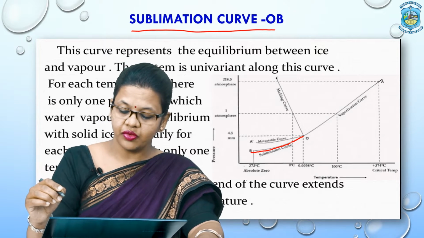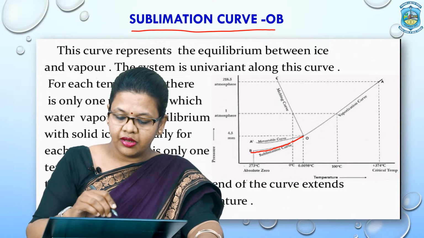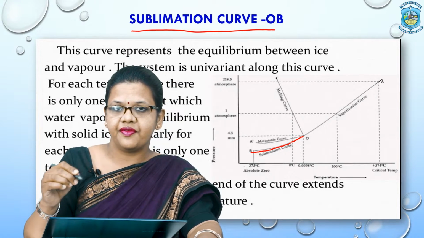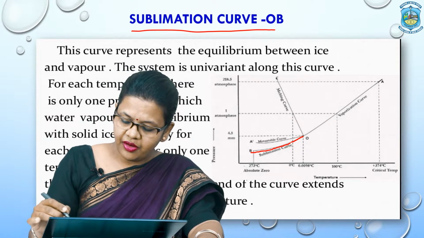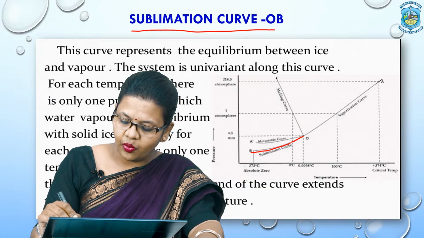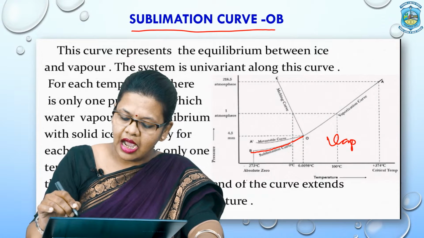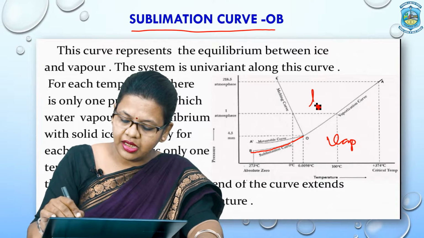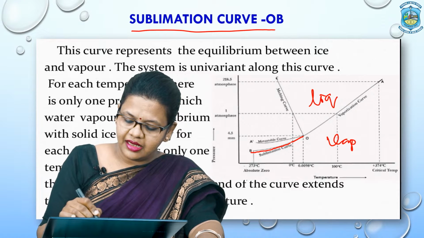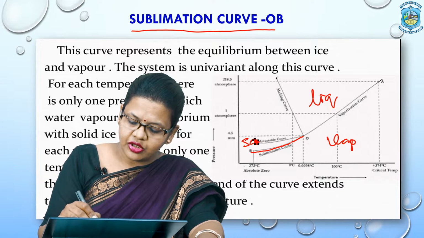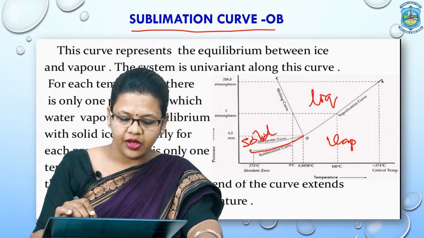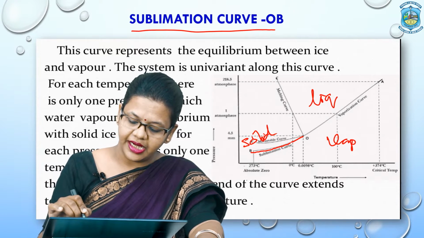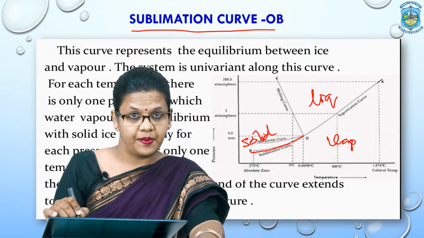Now, as I told you, this phase diagram divides and shows the three phases of water, where this part was showing the vapor phase, the upper part was showing the liquid phase, and the left hand side is showing the solid state of water. So, now the curve OB is dividing the solid state and the vapor phase.